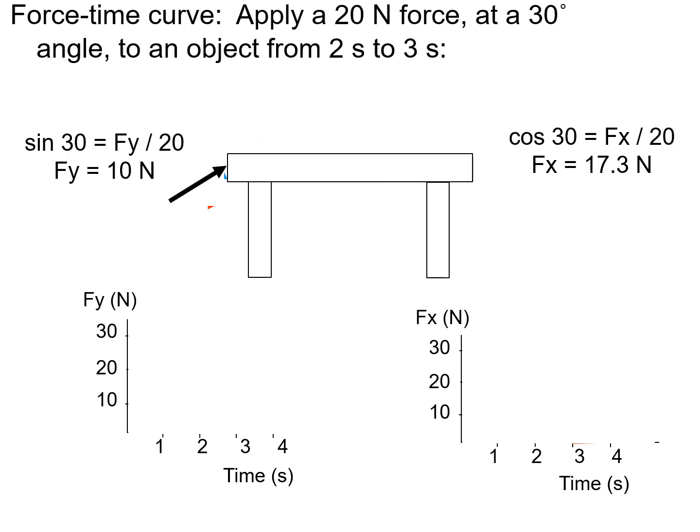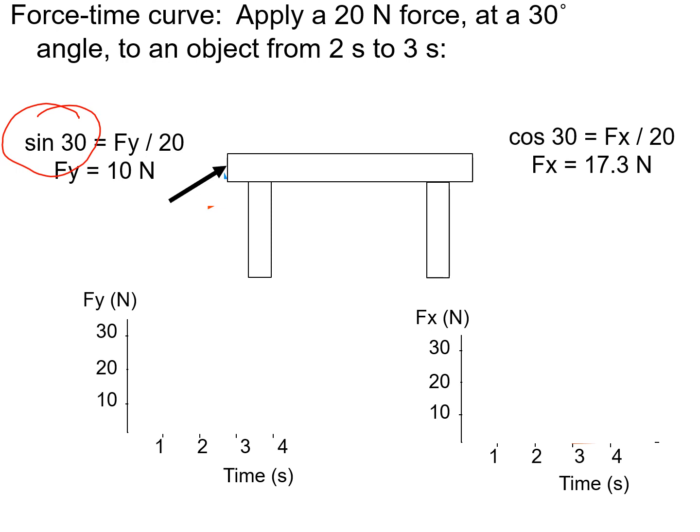Now let's say we're applying 20 newtons of force at a 30-degree angle to an object for 1 second. To calculate F of y, once again we use our sine trig function. So sine of 30 equals F of y divided by 20, so we'll have an F of y of 10 newtons.